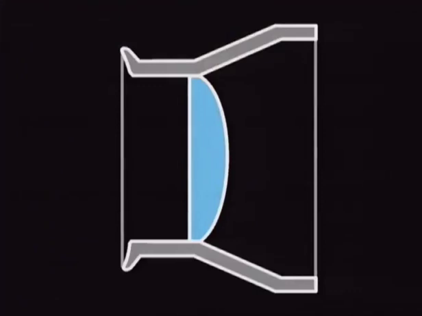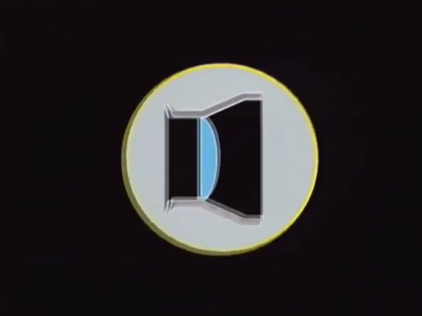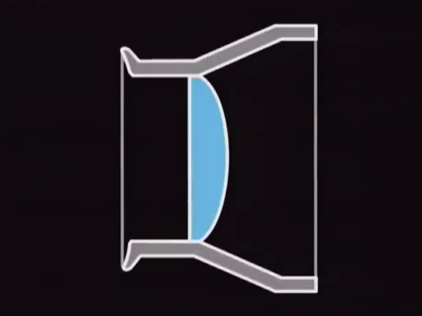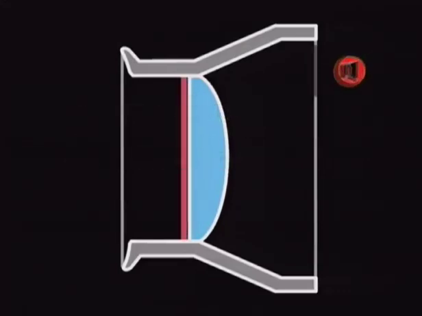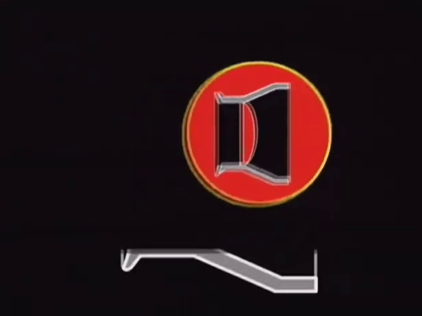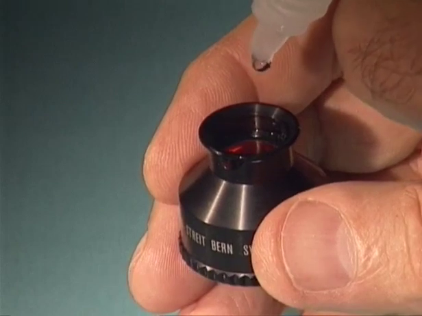For the examination of phenomena by scattered light, a contact glass without colour filter is used. If scattered light must be avoided, the contact glass is equipped with a red filter. Practical application.